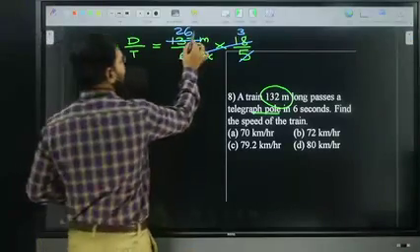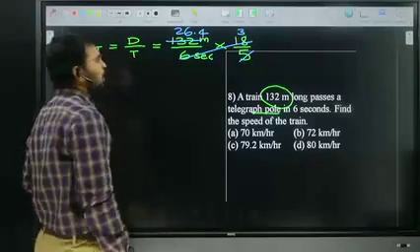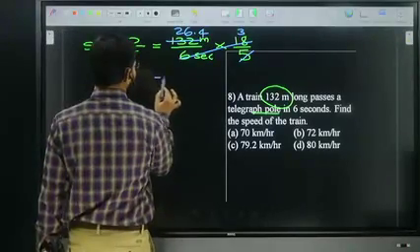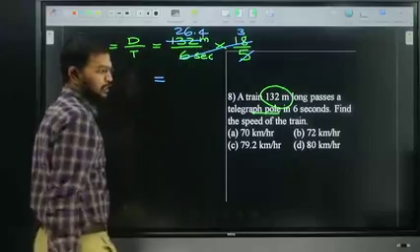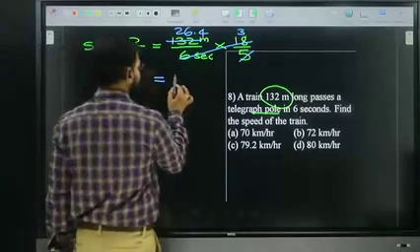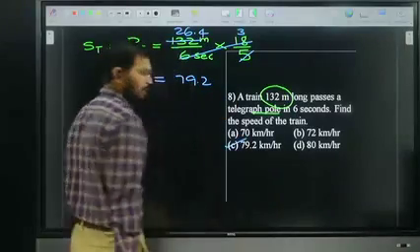Remainder is 2, so 5.4s are... So 26.4 into 3. 26 threes are 78, and 0.4 times 3 is 1.2. 1.2 plus 78 is 79.2. Your answer is 79.2 kilometers per hour.